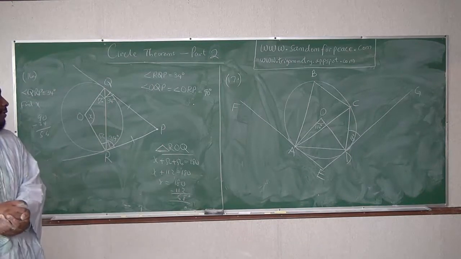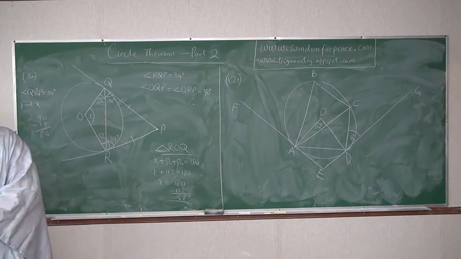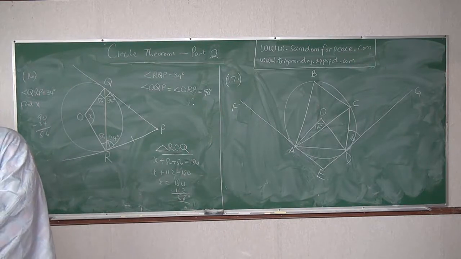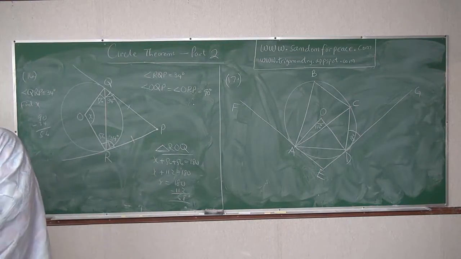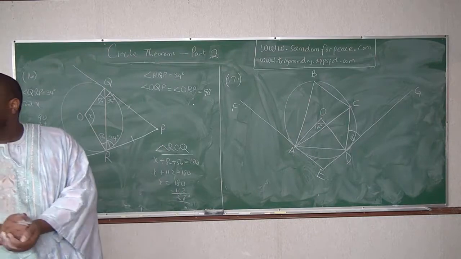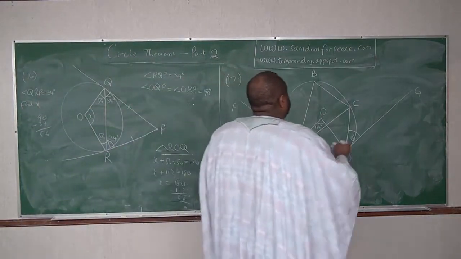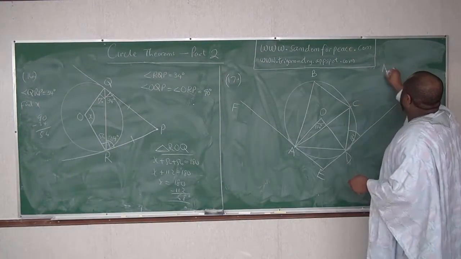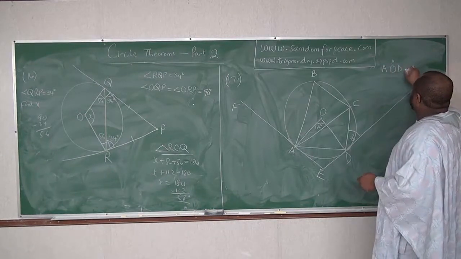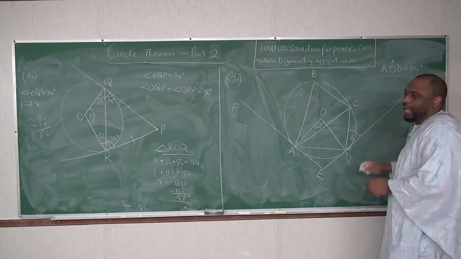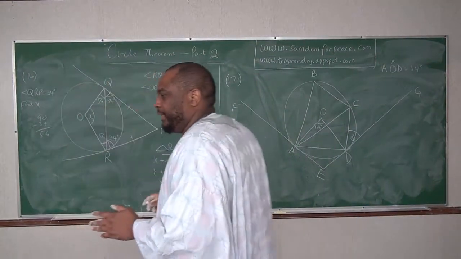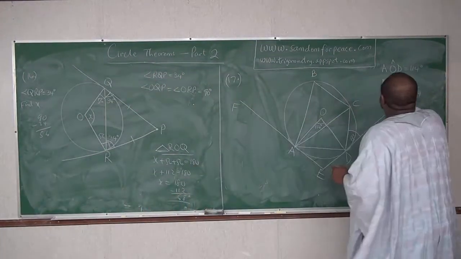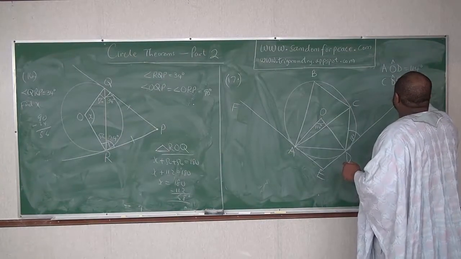EAF and EDG are tangents to the circle at A and D respectively. AOD is 114 degrees. And CDG is 18 degrees.